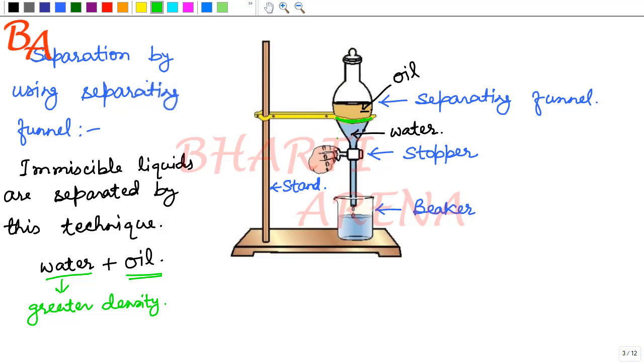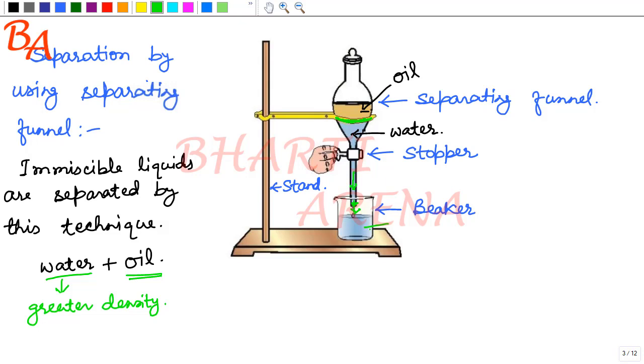So what we do here, that we will open this stopper, and when we open this stopper, the water which is downside will drip into this beaker, and when this upper part of oil comes here, we will close this stopper.